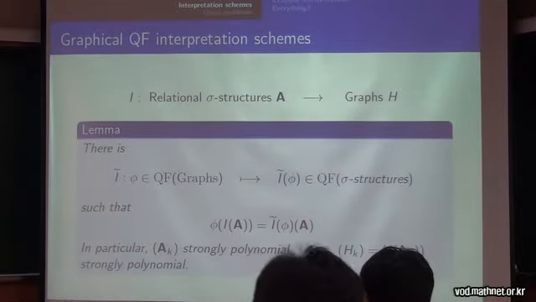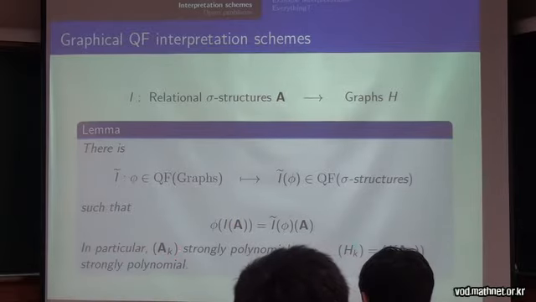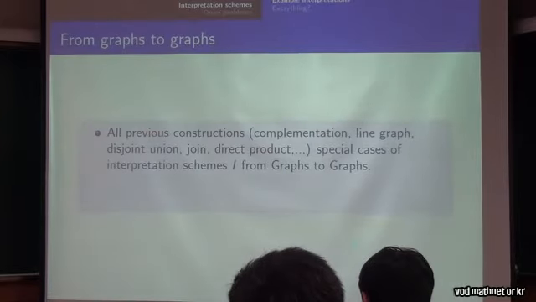In particular, if I know that I've got a strongly polynomial sequence of relational structures and I interpret them, then I get a strongly polynomial sequence of graphs. And so this is where the magic happens. All the previous constructions, complementation, line graph, and so on, are special cases of interpretations from graphs to graphs.